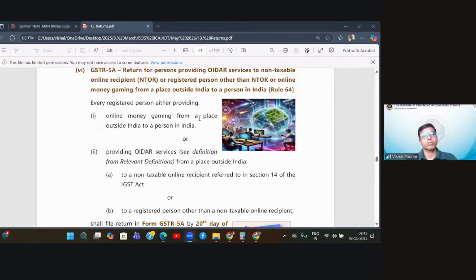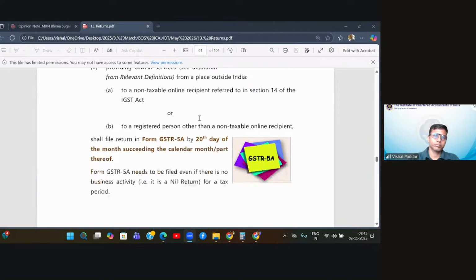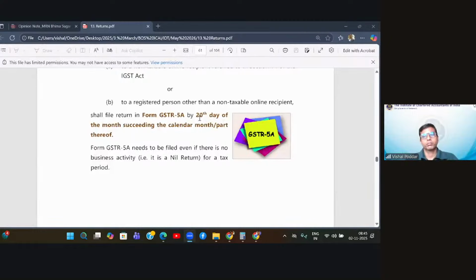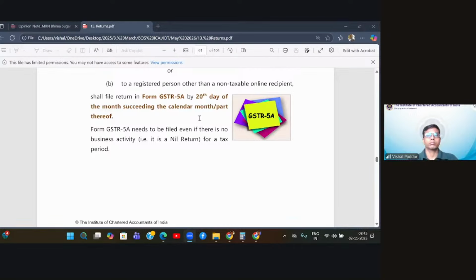Every registered person either providing online money gaming from a place outside India to a person in India, or providing OIDAR services from a place outside India to a non-taxable online recipient referred to in Section 14 of the IGST Act, or to a registered person other than a non-taxable online recipient, shall file Form GSTR 5A by the 20th of the month succeeding the calendar month or part thereof. Form GSTR 5A needs to be filed even if there is no business activity, that is, it is a nil return for a tax period.